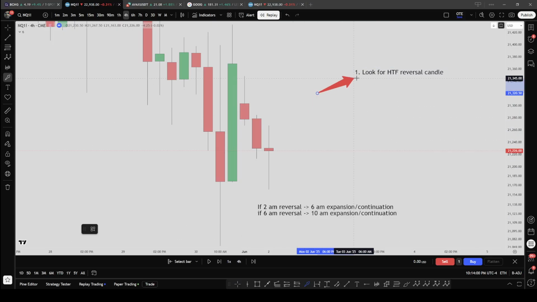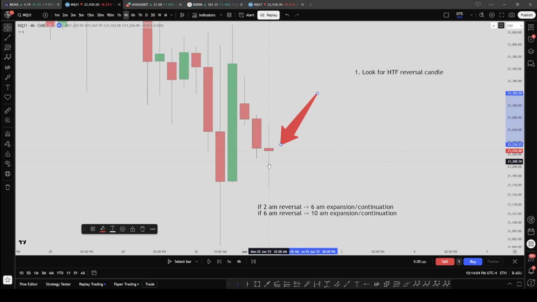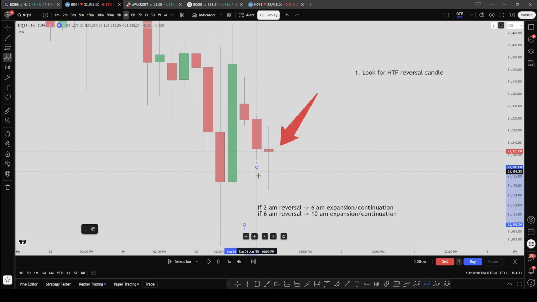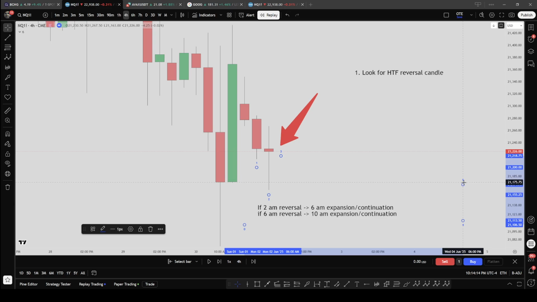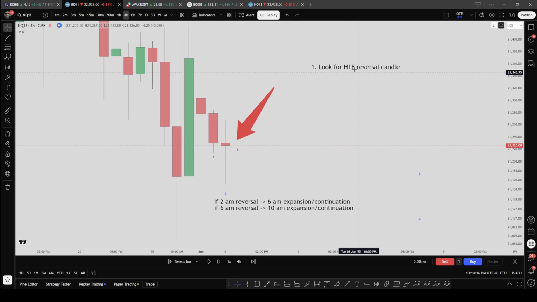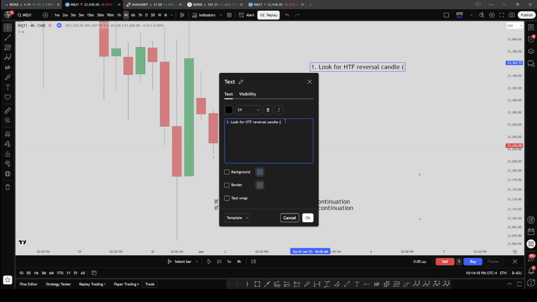This is the checklist, right? Step one, look for high time frame reversal candle. Okay, so I found one, 2 a.m. If it's a 2 a.m. reversal, I'm going to expect a 6 a.m. expansion. So just like this, I want to be in candle 3. All right, and then I'm going to see like C2. Step 2, go down to low time frame and find entry function.